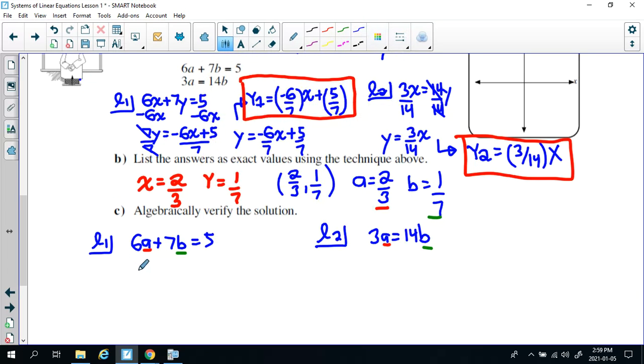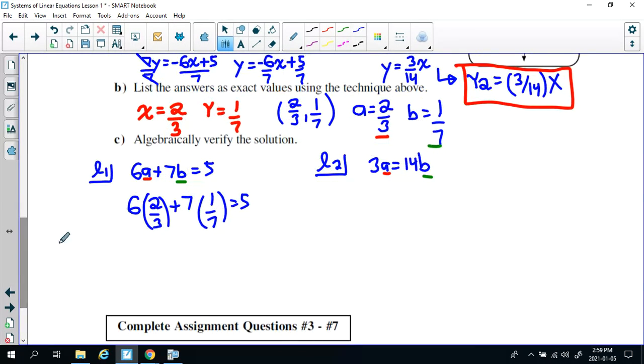Okay, so then I would have 6 times A. A is 2/3, plus 7 times 1/7 is equal to 5. Now you could do some fraction reduction right here if you wanted to, otherwise you just multiply these together.